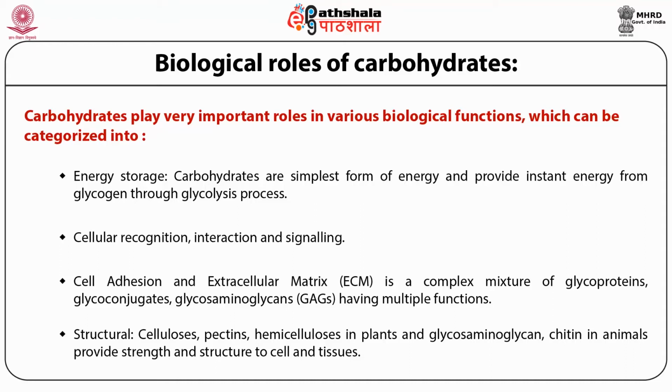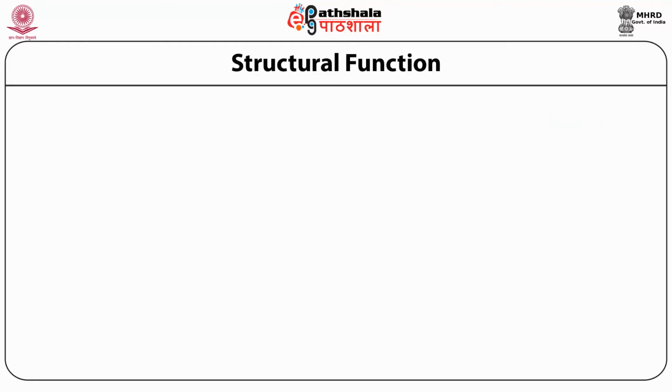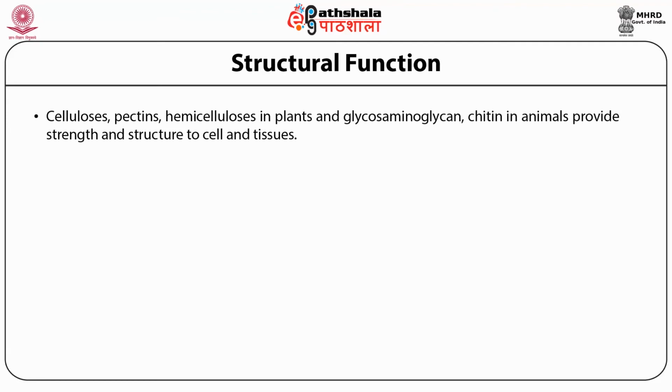As a structural function, many polysaccharides like celluloses, pectins, hemicelluloses present in plants and glycosaminoglycans, chitins in animals provide strength and structures to the cell and tissues.